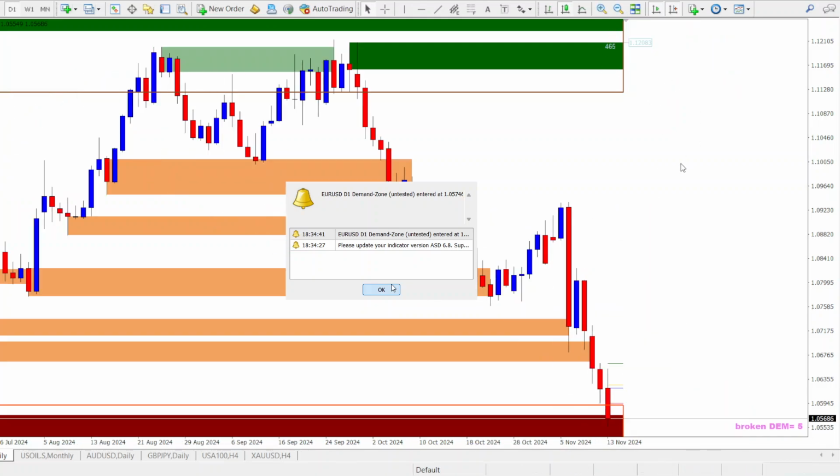So this indicator helps you to know not only supply and demand zones on the chart, but also levels of interest, such as the previous day's high. Because when you are trading in the direction of the trend, ideally you will be looking for new candles being formed in line with the structure of the trend, right?